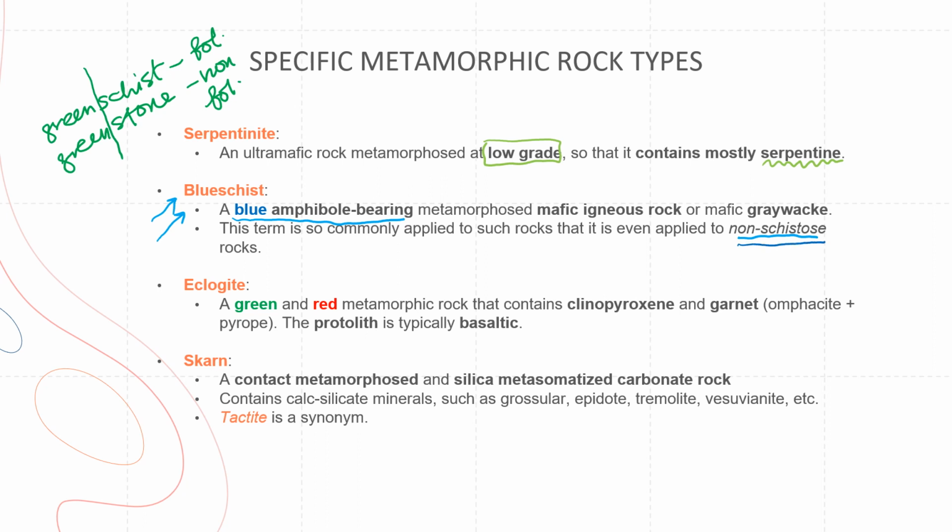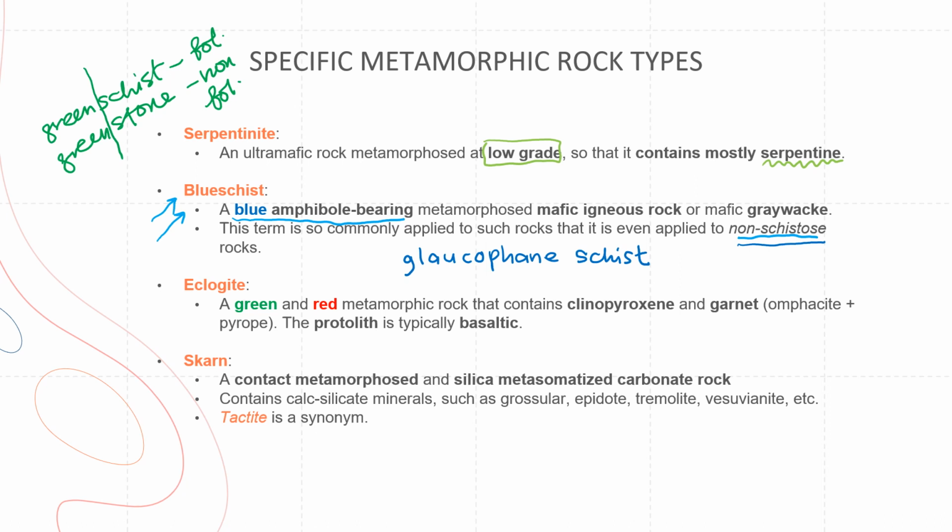And blue schist gets its blue color from a mineral called glaucophane. If you remember our example from the Franciscan complex in San Francisco. So in some places, people would also call blue schist glaucophane schist, which is the same thing. It's still blue schist, but it's been called by its mineral name. So if you come across glaucophane schist in literature, it is referring to blue schist.